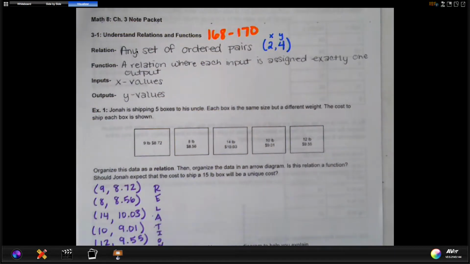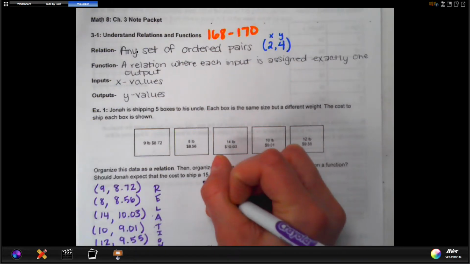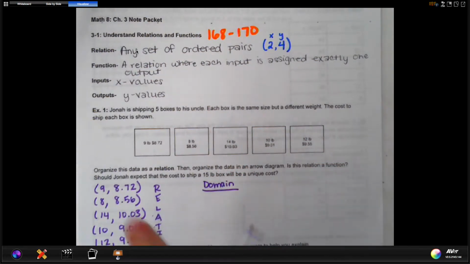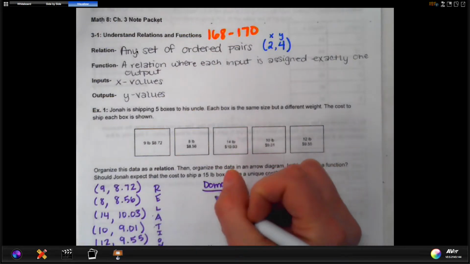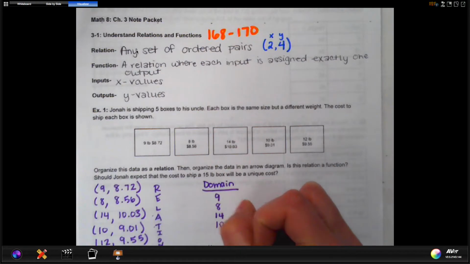All right, now it says organize the data in an arrow diagram. So an arrow diagram is very similar to setting it up like this, only you're going to make arrows. So your domain or your x values, this is called a domain, you list those in order. So what we want to do is 9, 8, 14, 10, and 12.